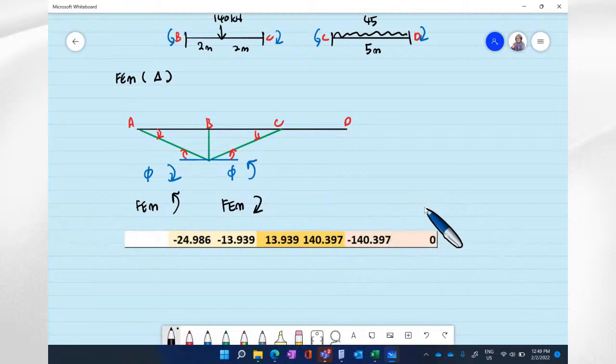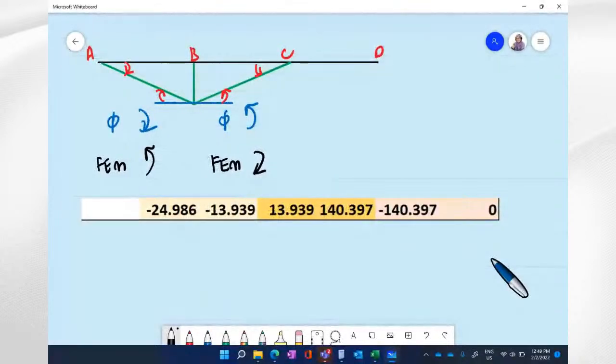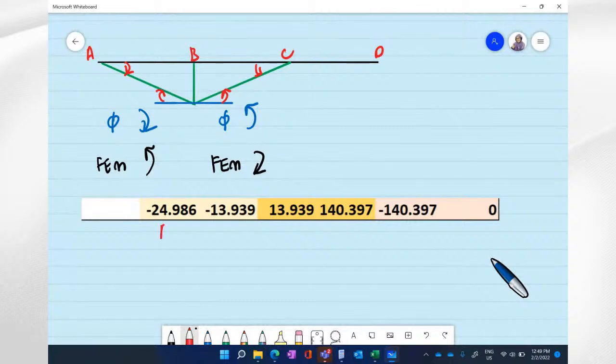So this is the value, the member end moment. This is the end moment for AB. This is for BA. This is for BC. This is for CB. This is for CD, and this is for DC. And this represents the pin, where it is equal to 0.